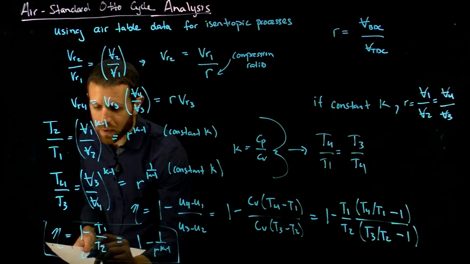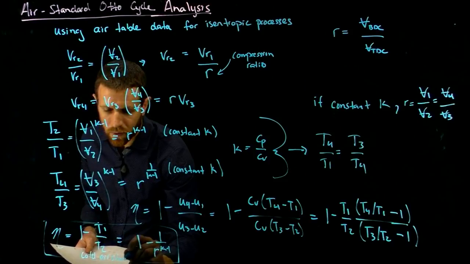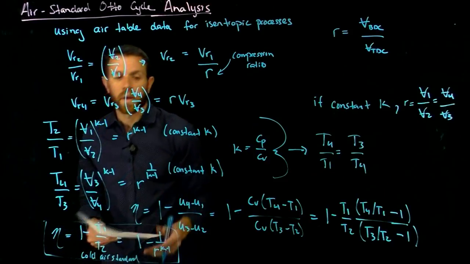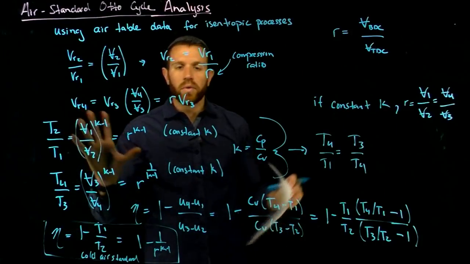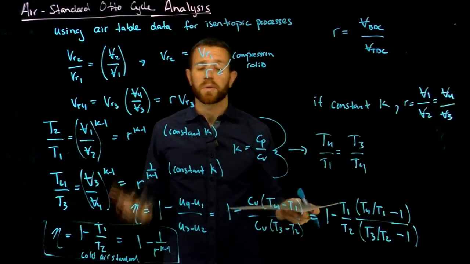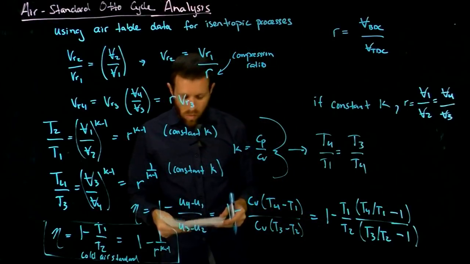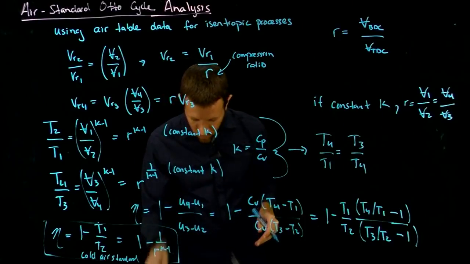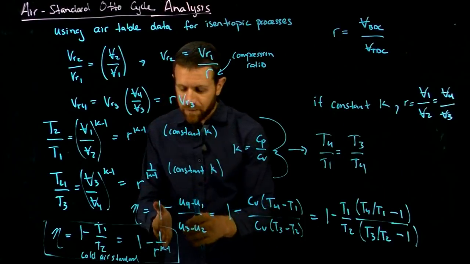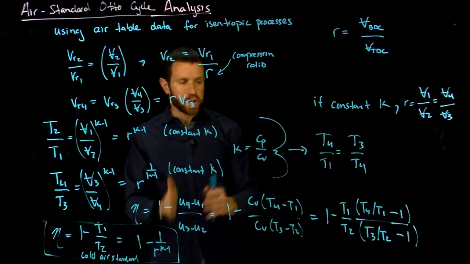All right, so these will be cold air standard only, because everything down here, we assume they have constant specific heats or constant k's. So what we see is that efficiency increases with increasing compression ratio.